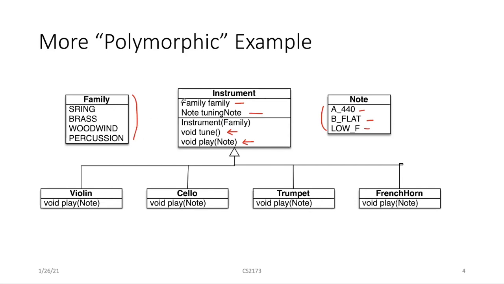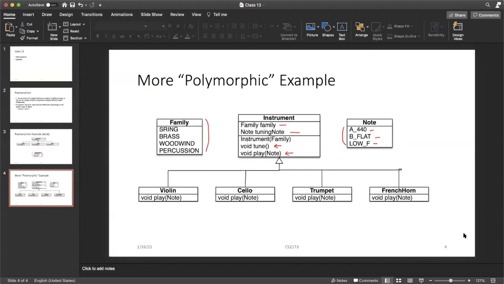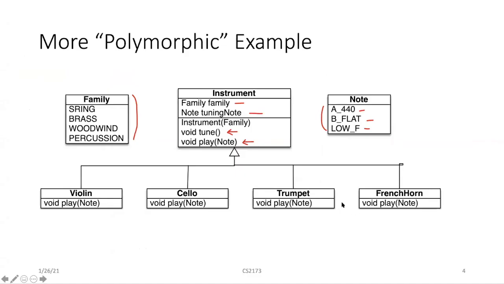So, dissecting this UML diagram, the enums are pretty clear. But to understand what's going on here, at the very top is the name of the class or enum or interface, as we'll get to later in the course.